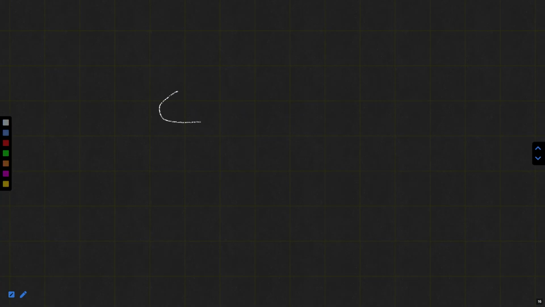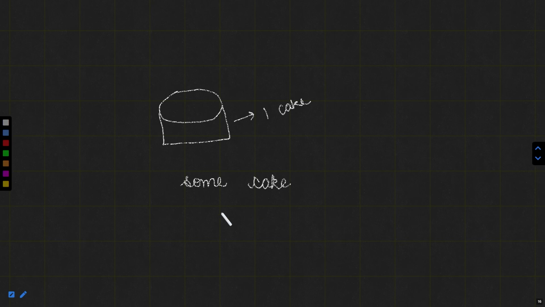Suppose there is a cake. This is only one cake. Now, if I say some cake, or if I say some cakes, there is a difference between these two phrases. How?